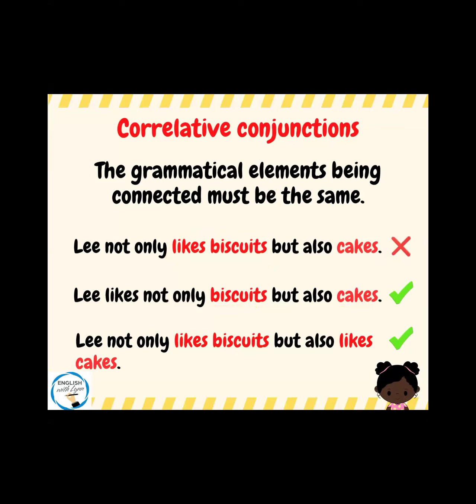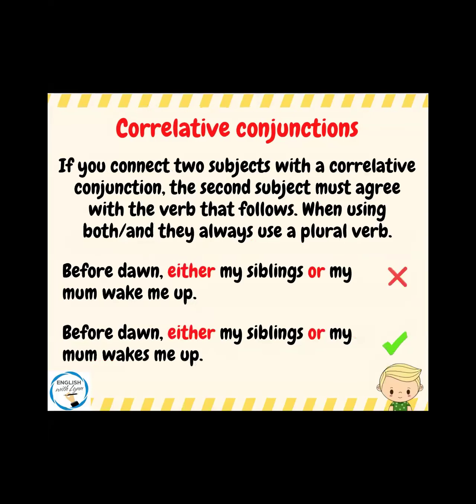The second rule that you need to be aware of is the rule of proximity. And what that means is when you are connecting two subjects with a correlative conjunction, so the example here, I've got my siblings and my mum. Now, when you are using two subjects, you need to make sure that the second subject agrees with the verb.